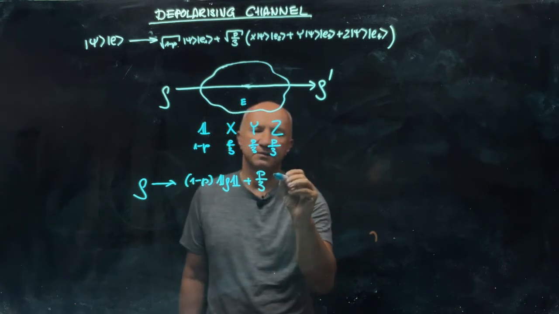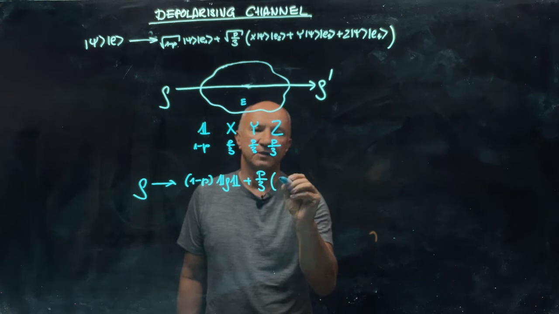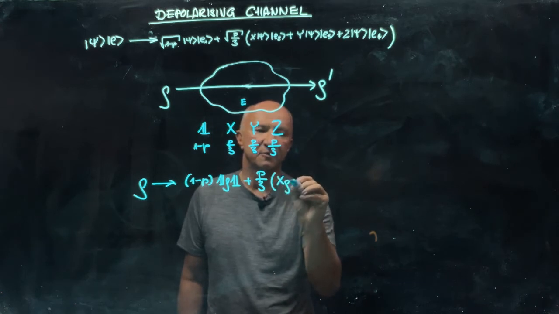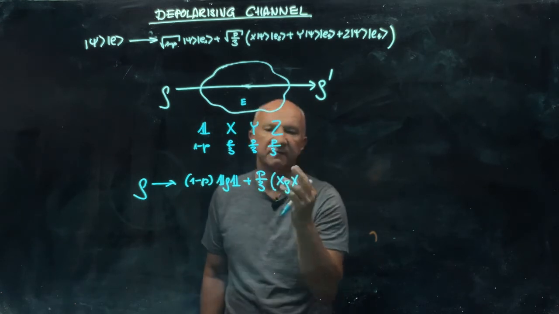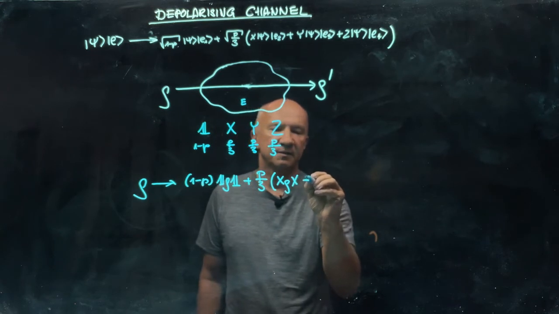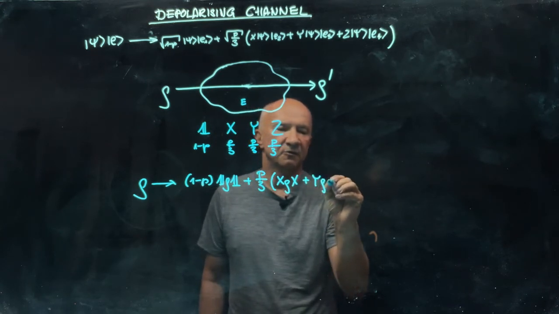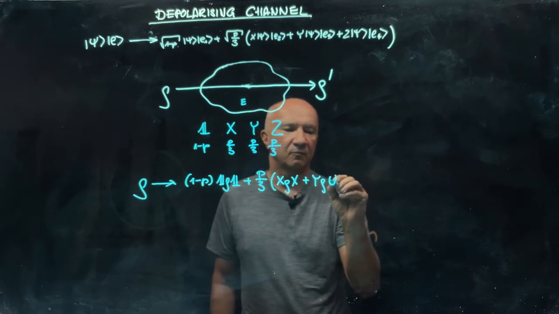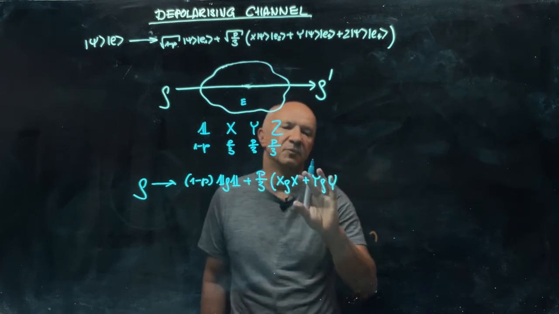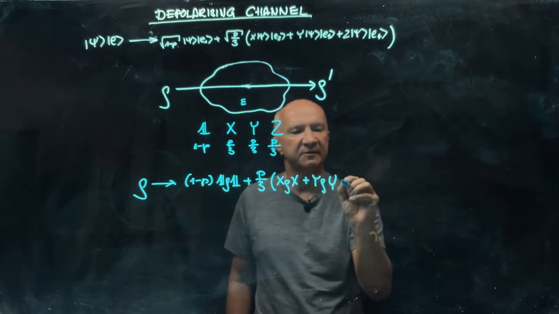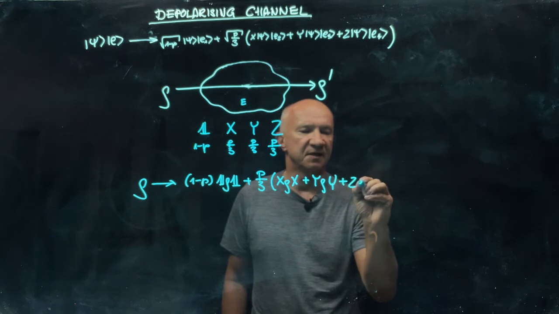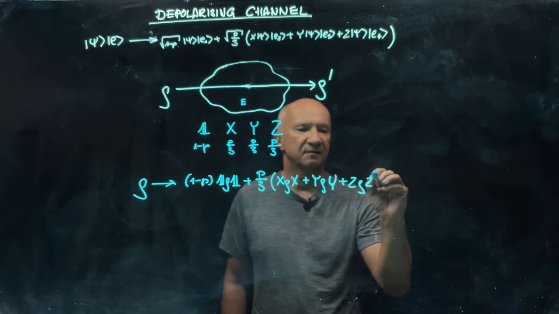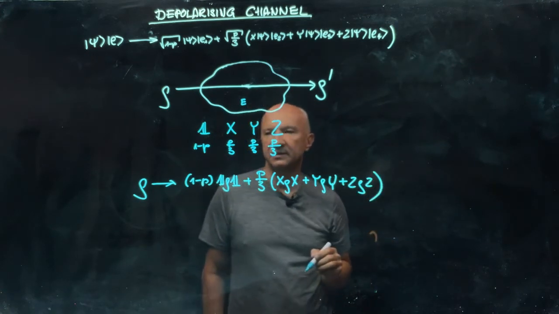And here I will have x rho x, the bit flip term, y rho y, both the bit flip and the phase flip term, plus z rho z, the phase flip term.